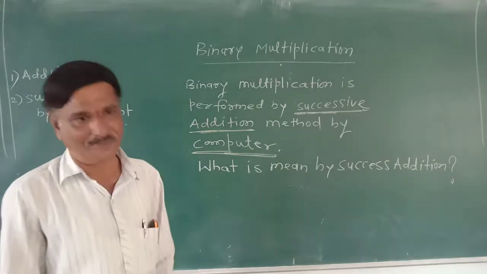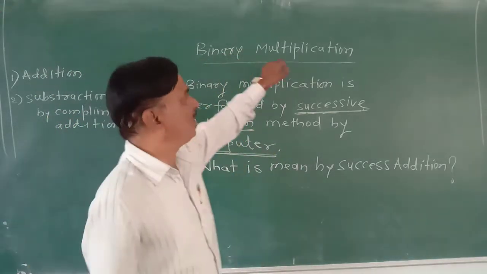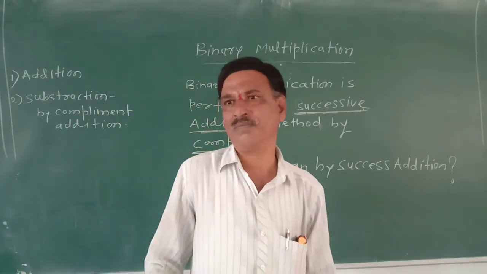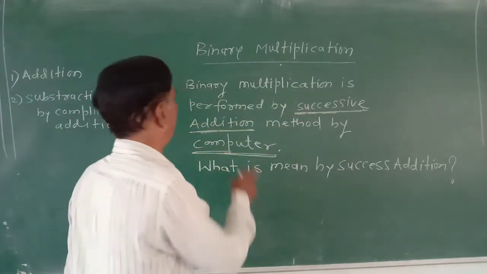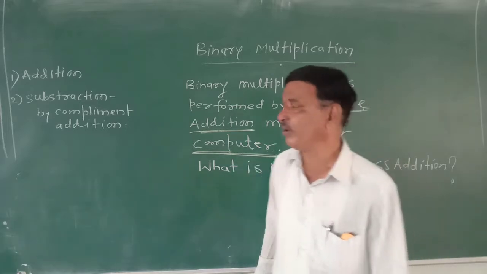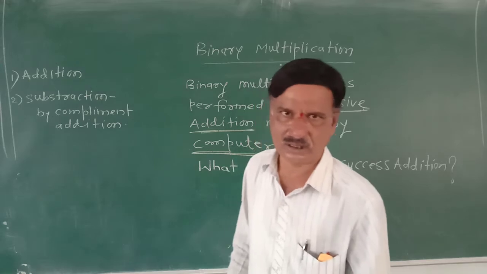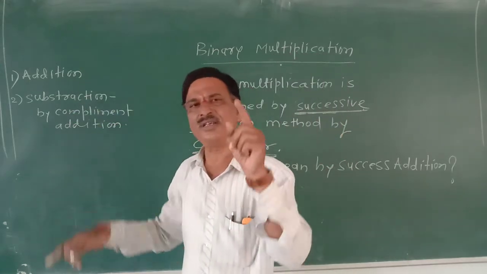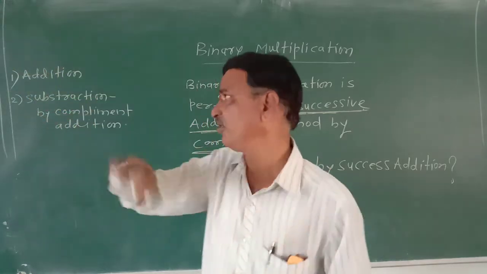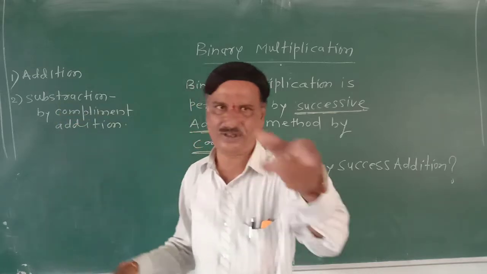Once again, we will revise how the computer performs binary multiplication. The computer does not perform binary multiplication by our method. The computer performs it by the successive addition method. And why? Because as far as the computer system is concerned, addition is the basic operation and all remaining operations are based on addition. Like subtraction, which is also based on addition, but complement addition.